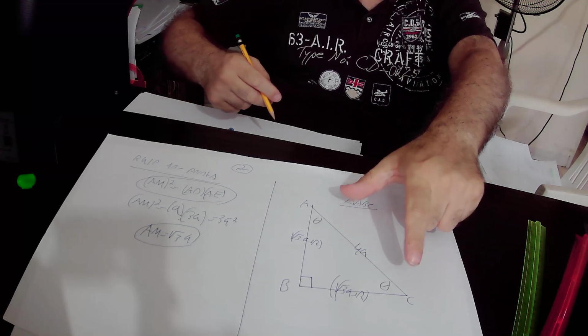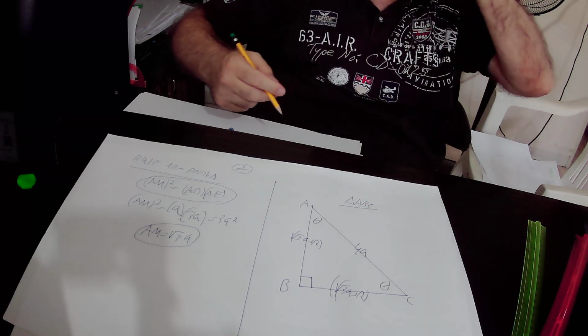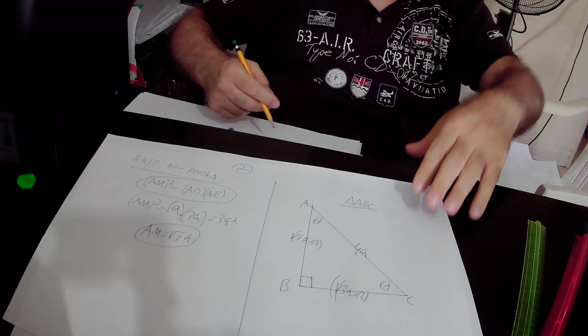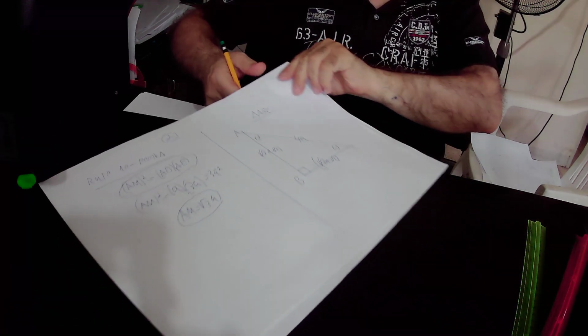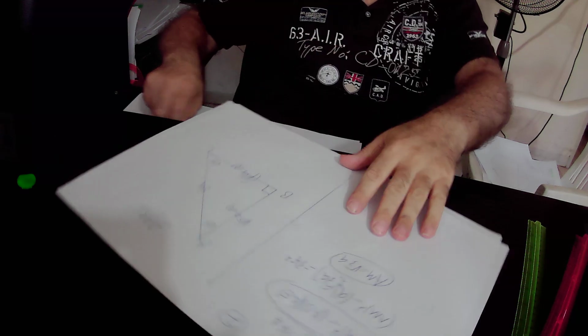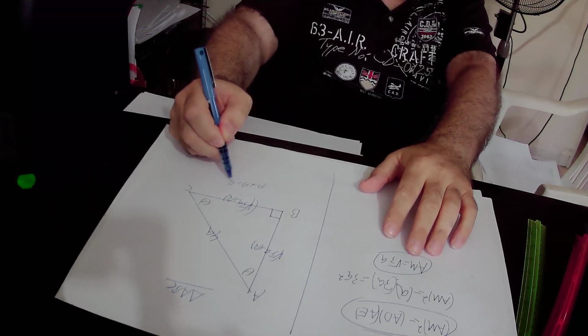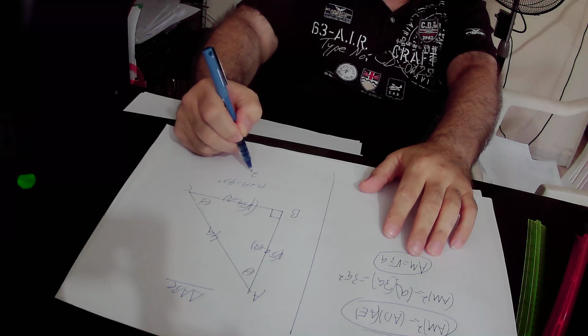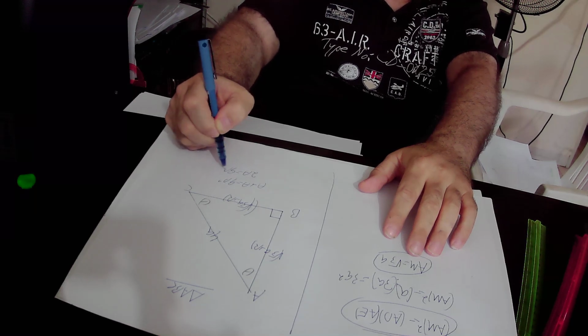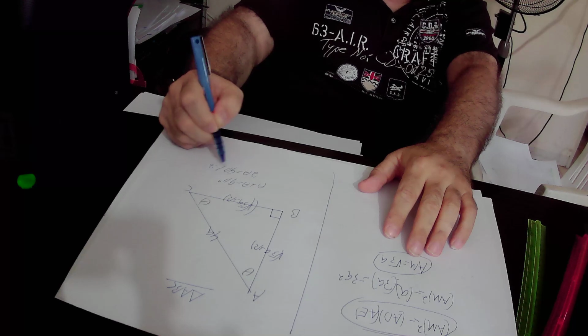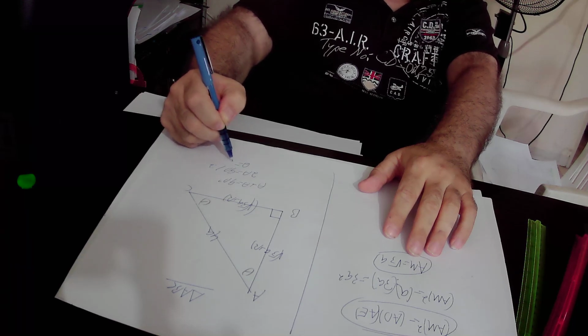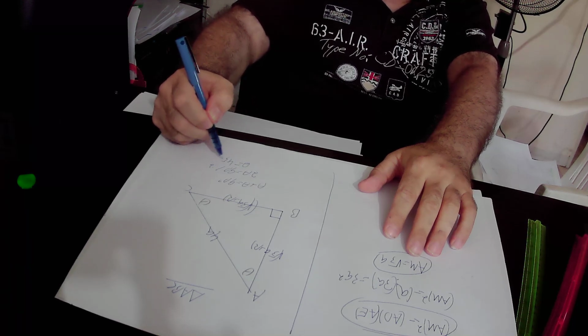So the sum of those two angles must be equal to 90 degrees. So here I write it down. Theta plus theta must be equal to 90 degrees. That is to say, 2 theta must be equal to 90 degrees. When you divide this equation by 2, you get that theta equals 90 degrees over 2, which is 45 degrees.